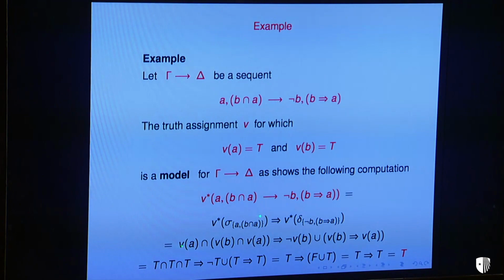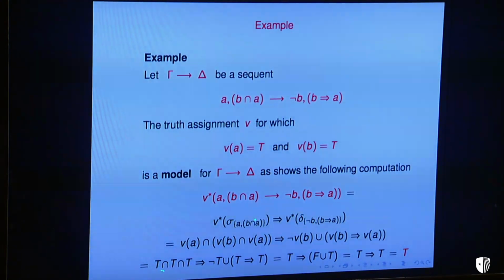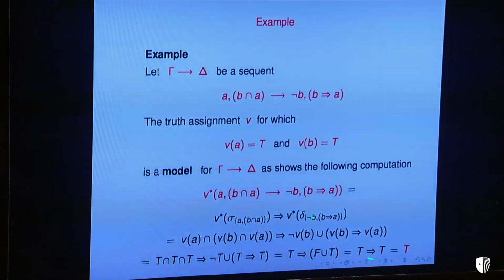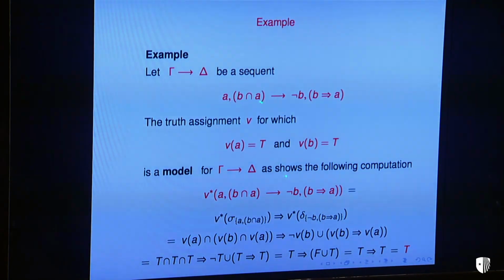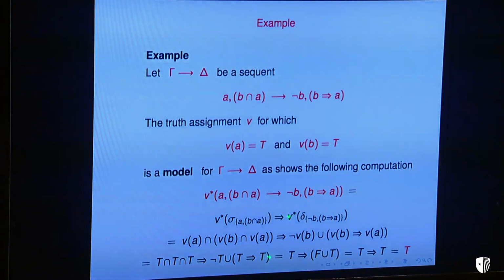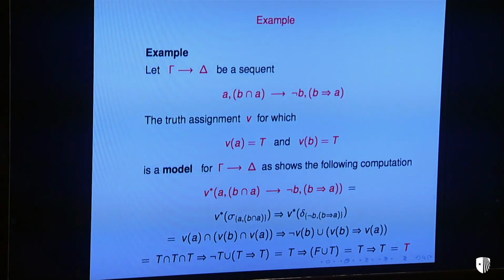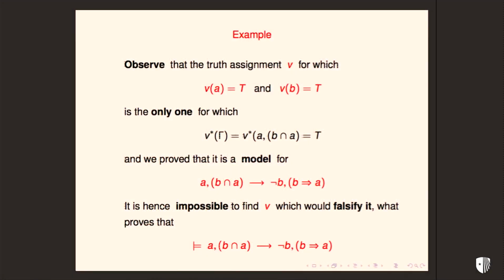On this side you have the conjunction of all formulas, and on this side the disjunction. In short notation, you can go immediately to T and T, because you have this conjunction, implies not T, or, the comma here is or. T implies T is T, so V is a model. So it's a little bit more complex, but not too complex.